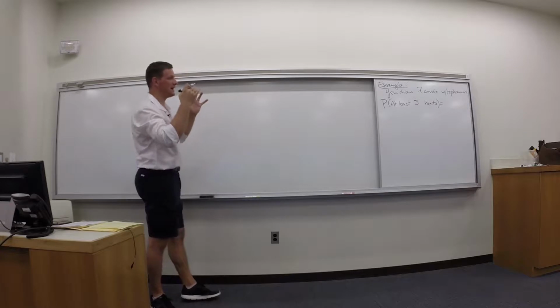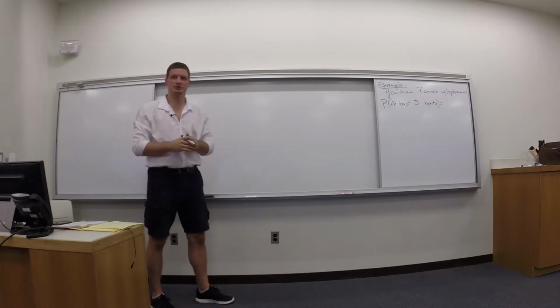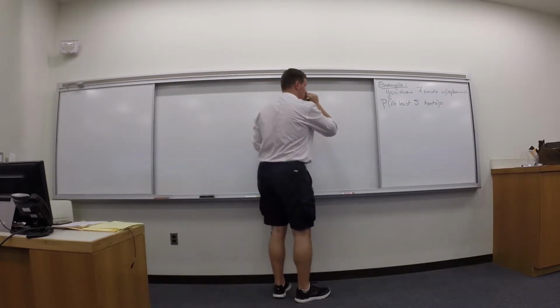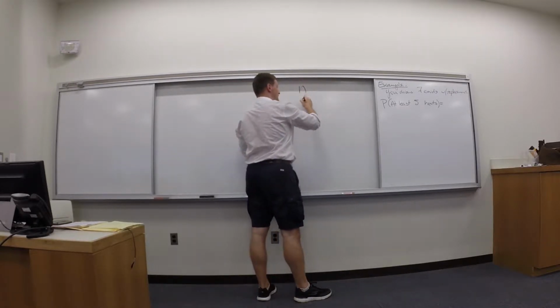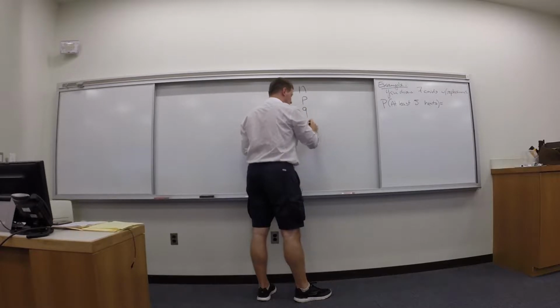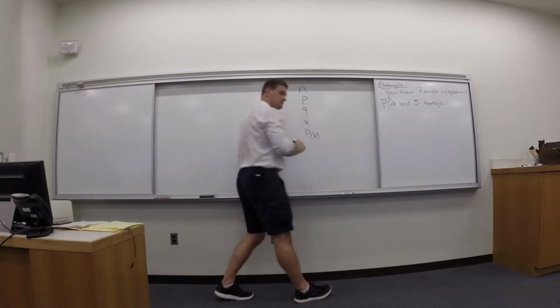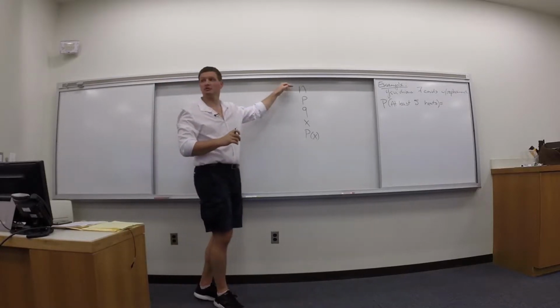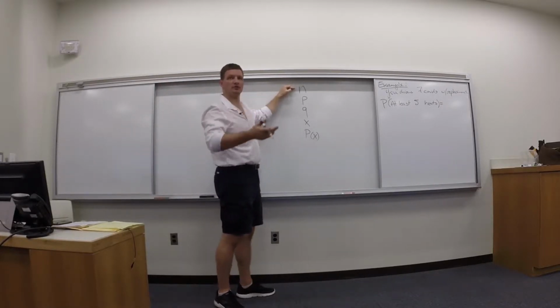But how did we do binomial distributions? How do we do probabilities? First of all, what were the things? We had an n, a p, a q, an x, and a P of x. N was the number of trials we had performed.